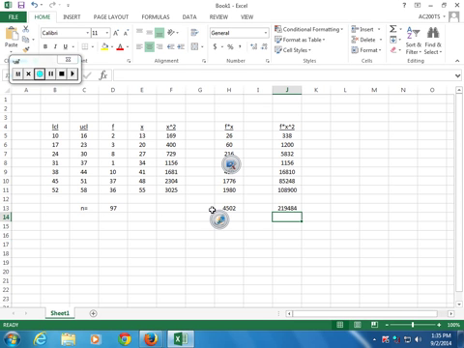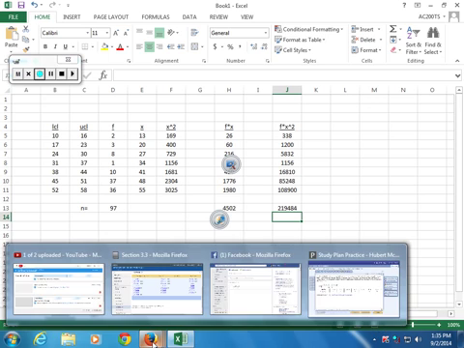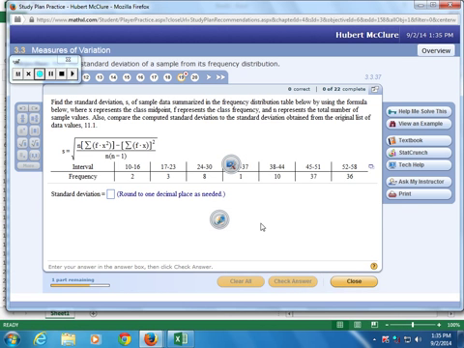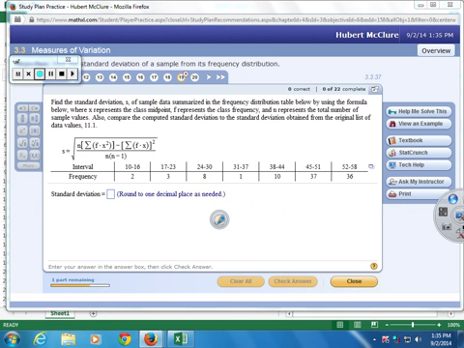Now y'all should be able to plug it in. And some of y'all going, what? Plug in what? Where? What is he talking about? Well, let's go back to our formula. There it is.